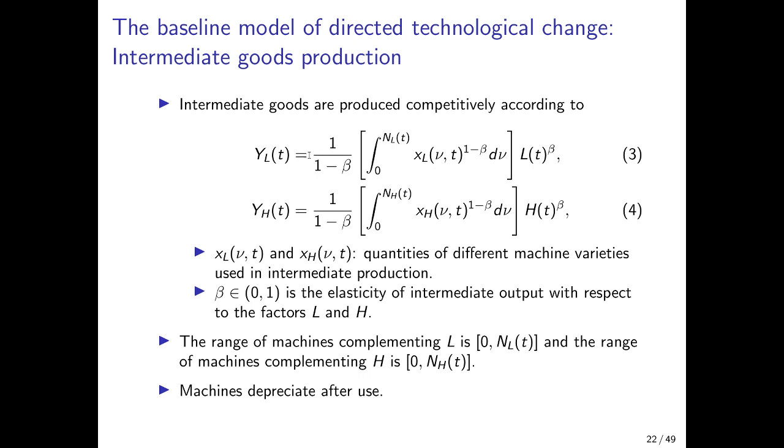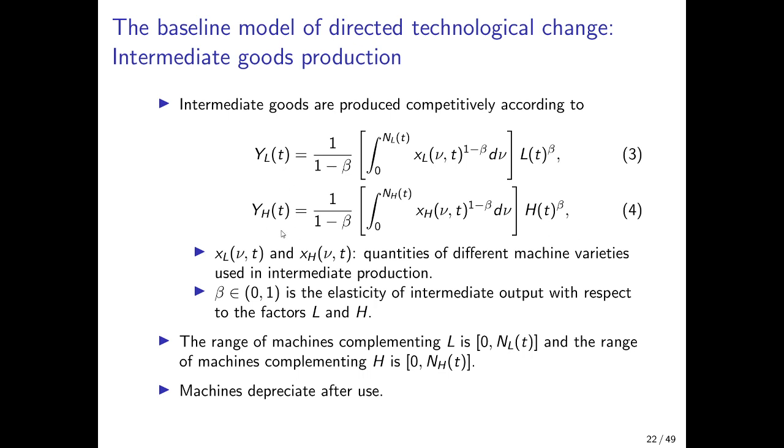So the intermediate good that uses low-skilled workers is produced with the machines coming out of the sector that produces the machines for the low-skilled workers, where we take the integral from 0 up to NL, because that's the range of all the machines that are suited to low-skilled workers, with the upper bound NL being the latest developed blueprint for machines that are suited for low-skilled workers to produce. And then we have the low-skilled workers themselves, and the output elasticity in this sector is beta for low-skilled workers. So if LT increases, beta measures by how much YLT increases.